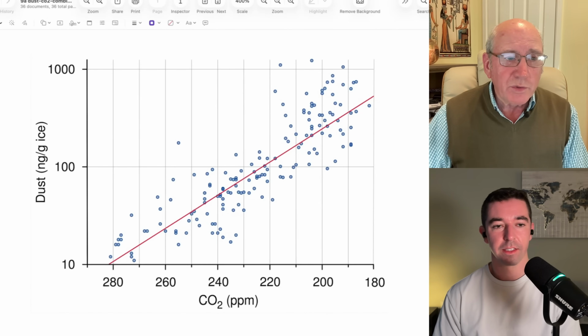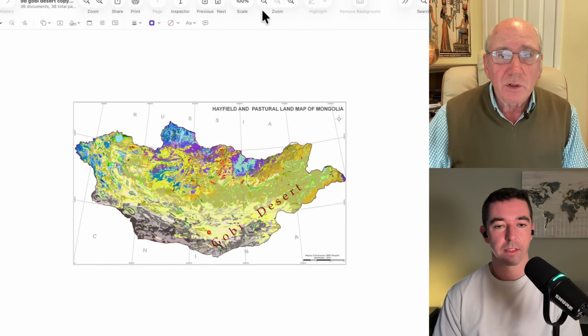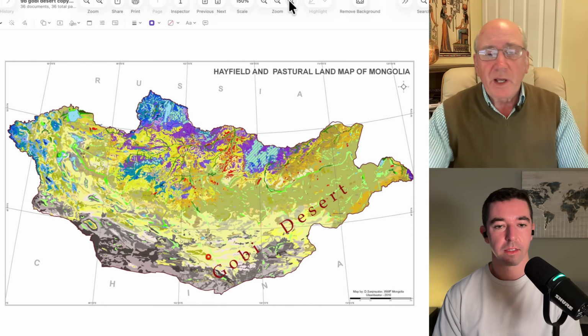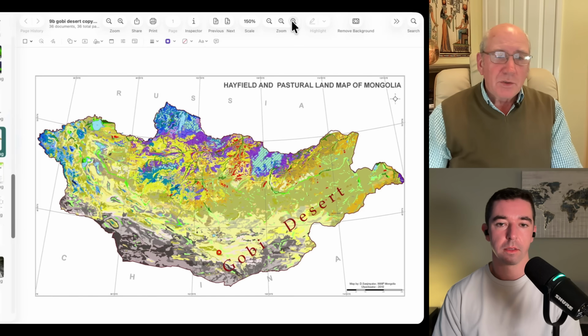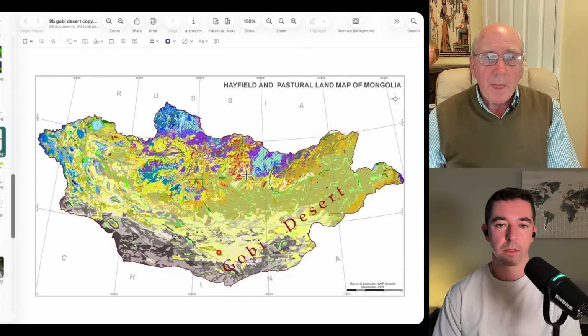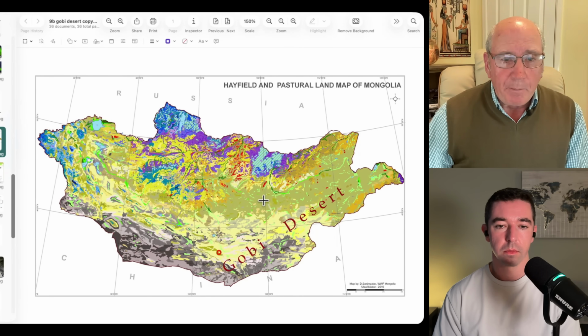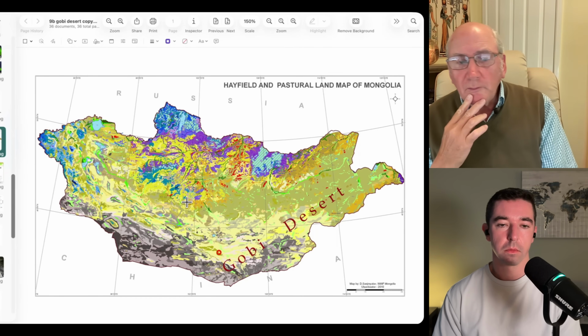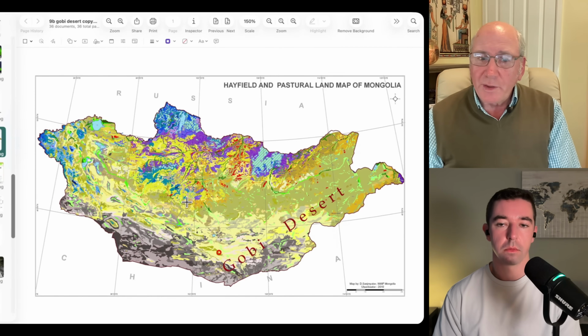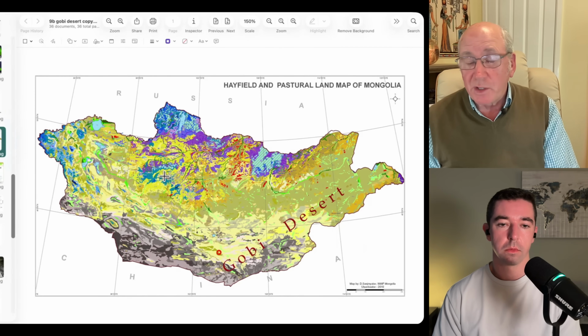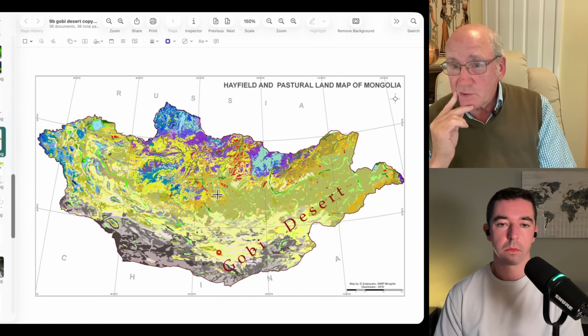So yes, we will see that this dust, most of it came from here. This is the Gobi and northern China regions. At present, most of this is steppe grassland. I mean, we call it the Gobi Desert, but most of this is steppe grassland. So it grows grass.